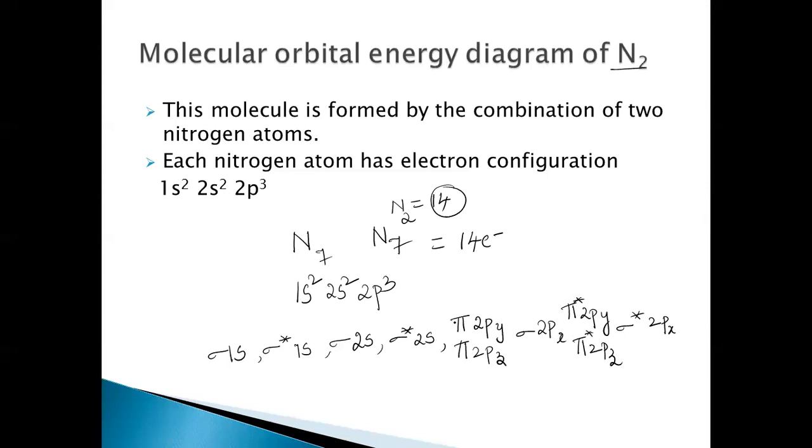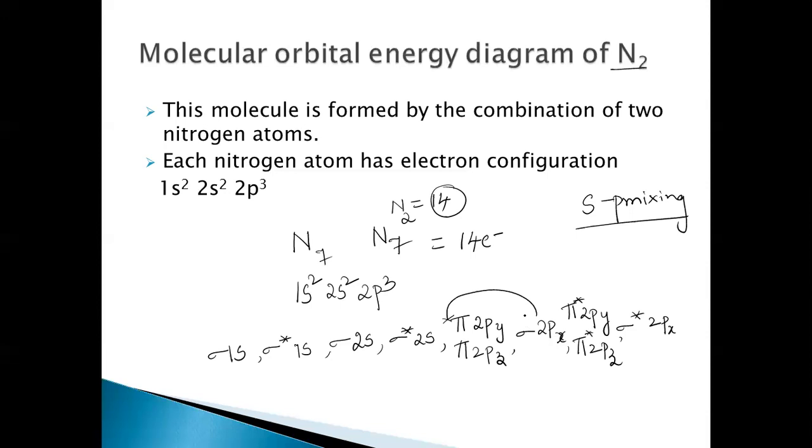If you observe one thing here, for systems having 14 electrons or fewer, this is the order which is followed, because up to this point sp mixing occurs, and because of this the energy of sigma 2px is increased when compared to that of the pi. For more than 14 electrons, generally the sigma 2px is of lower energy than the pi.